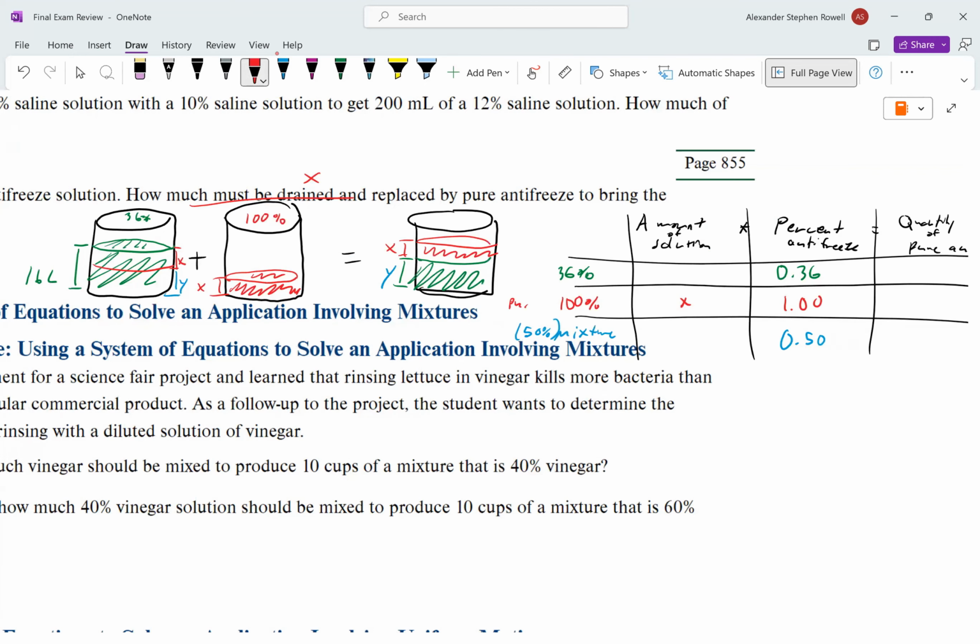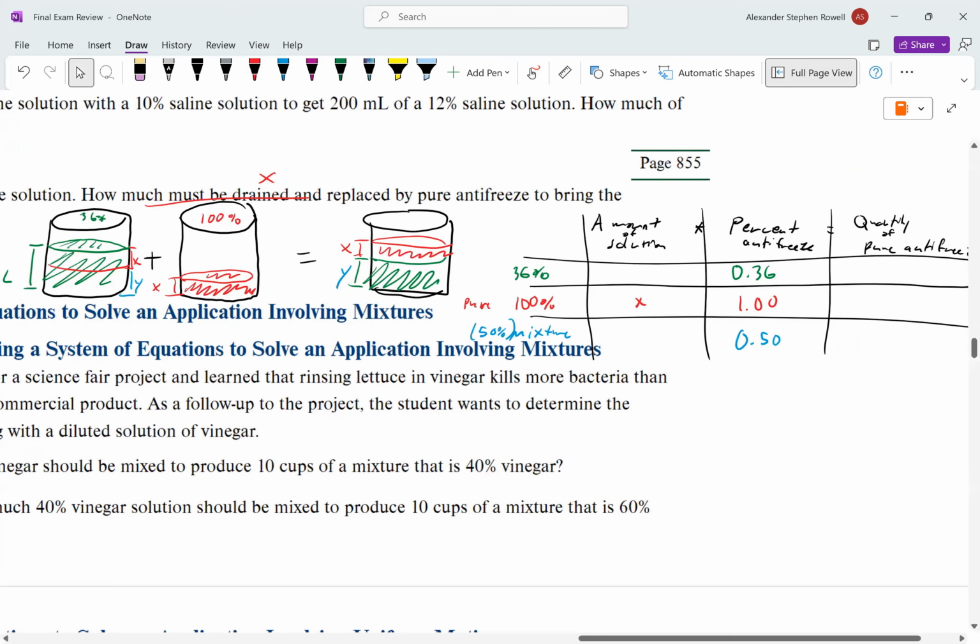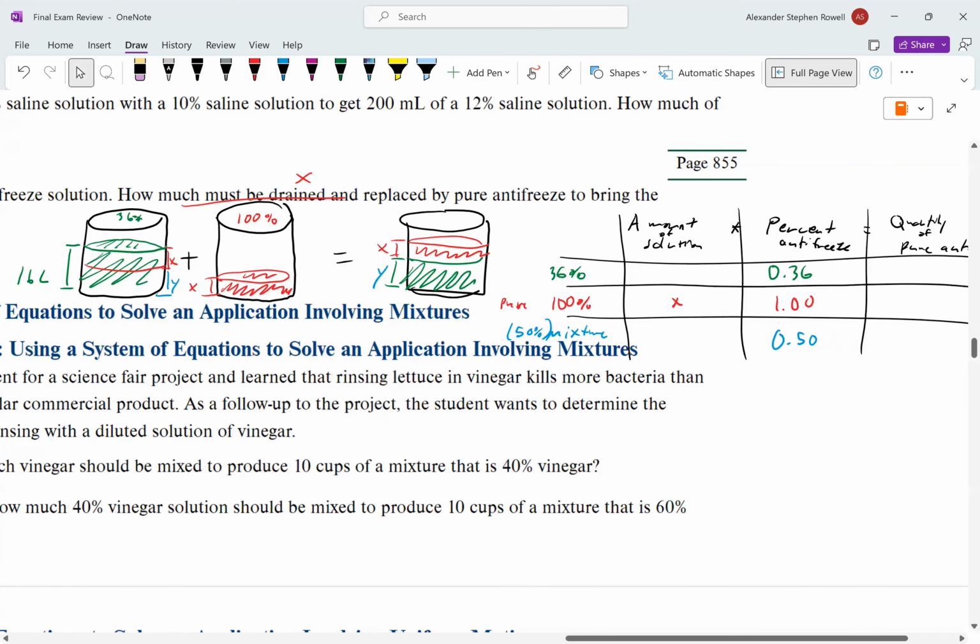This is the pure antifreeze solution. And then the amount of 36%, we don't really know. It started with 16 liters, but we drained an unknown amount. So we're left with y remaining. So these are two unknown amounts, but we know that altogether there's 16 liters.